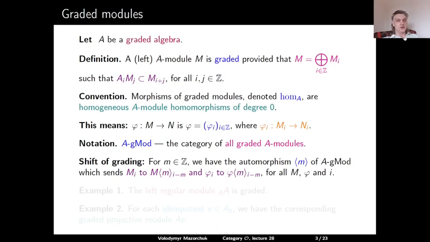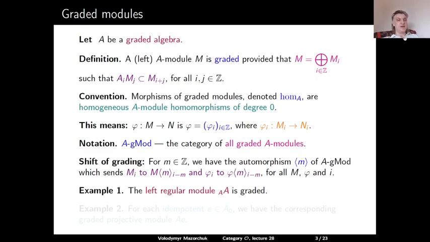And in this new module, the homogeneous component of degree i is equal to the homogeneous component of degree i plus m in the original module. Similarly, given a homomorphism phi between two graded modules, the automorphism <m> shifts the homogeneous component phi_i to the homogeneous component of degree i minus m in the outcome.